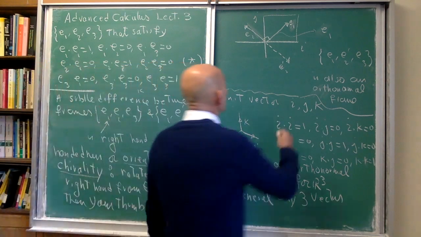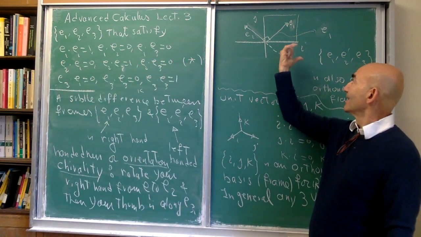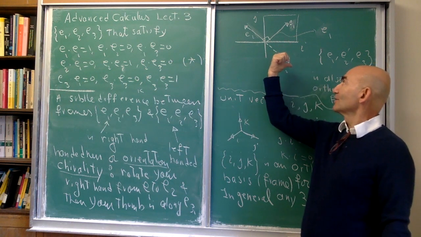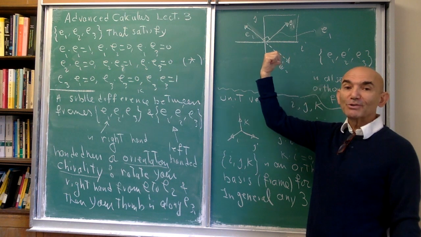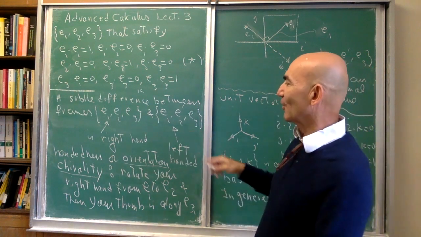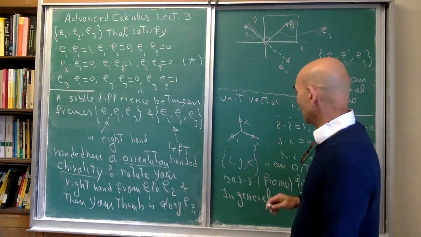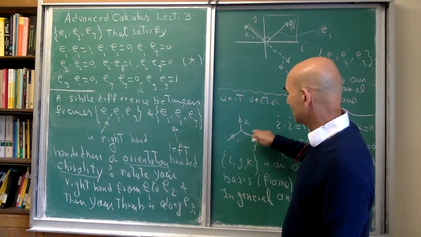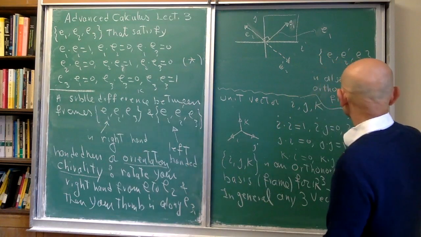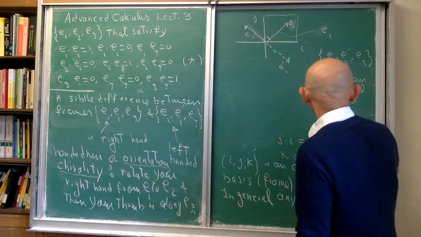But for this one, if you move your right hand from E1 to E2 prime, you notice that your thumb is going to go the opposite direction, not E3 or K. So this is left-handed, and the first one is right-handed. I want you to think about this idea of handedness.